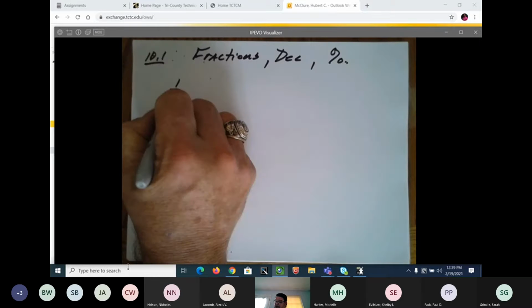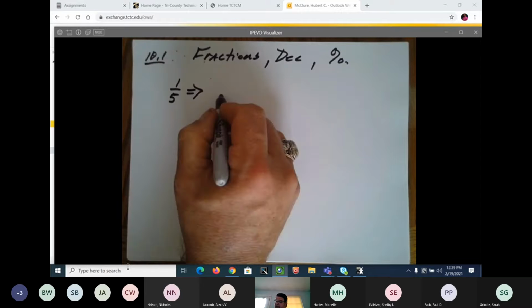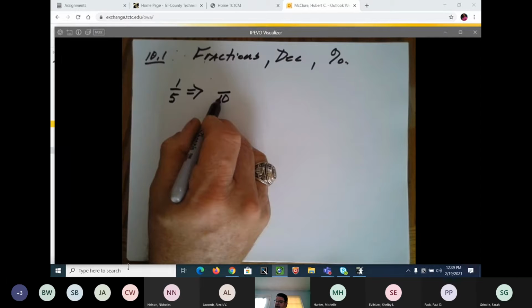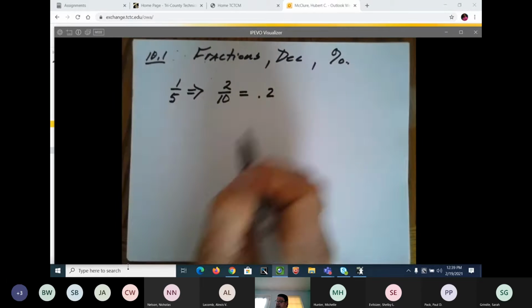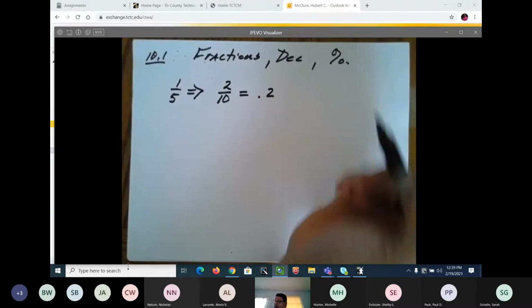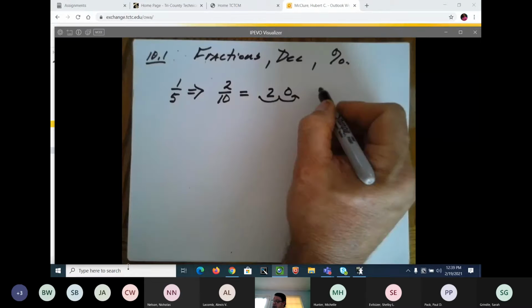You change that into a decimal. Now, I do it the easy way. I make this into a 1/10, and that would be 5 will go into 10 2 times, so that would be 0.2. Change a decimal into a percent, you move over 2 places to the right, and that's equal to 20%.